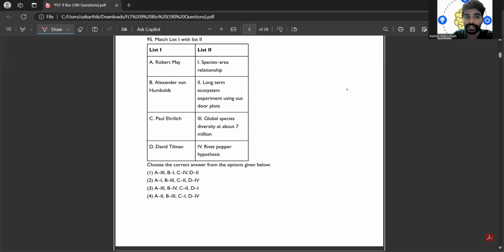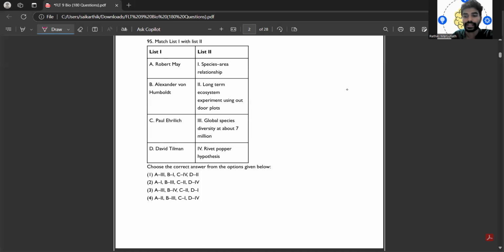Third. The 95th is simple, a match the following type. You tell me what is correct. Robert May, that's global species diversity at about 7 million. Then these are the scientists' names and their respective work. Alexander worked on species area, correct?